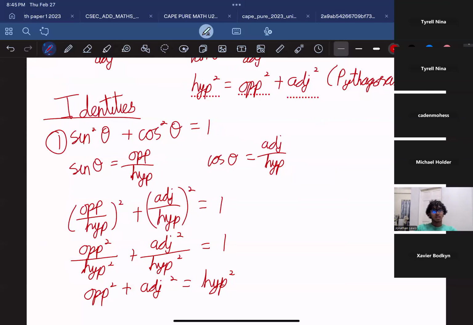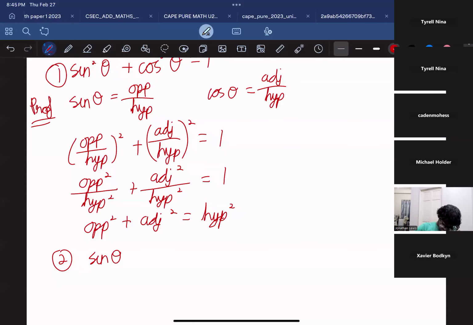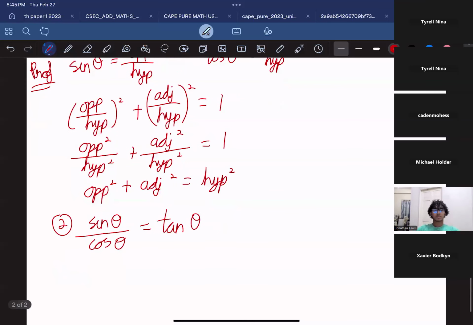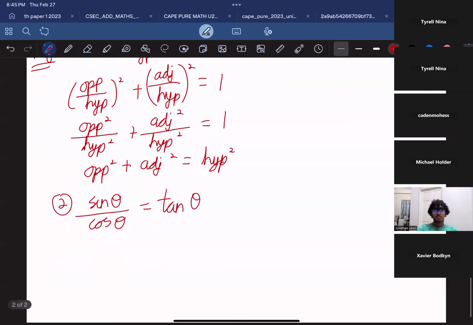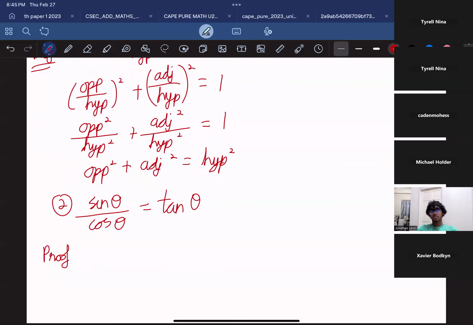My second identity is sine theta over cos theta is equal to tan theta. And the proof for that one is that sine is opposite over hypotenuse, cos is adjacent over hypotenuse, and tan is opposite over adjacent.